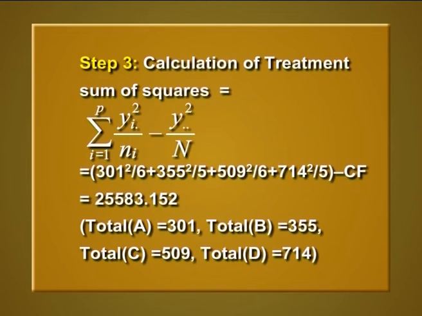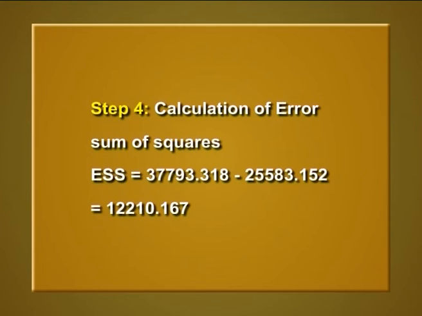So, using the formula summation i is equal to 1 to p, y i dot square by ni minus the correction factor, it is given by 301 square by 6 plus 355 square by 5 plus 509 square by 6 plus 714 square by 5 minus the correction factor, and it simplifies to 25,583.152.